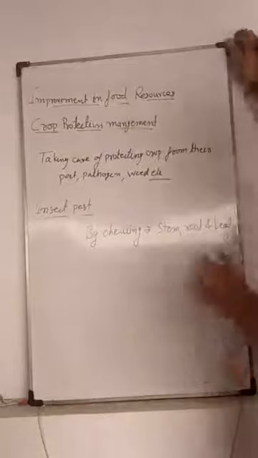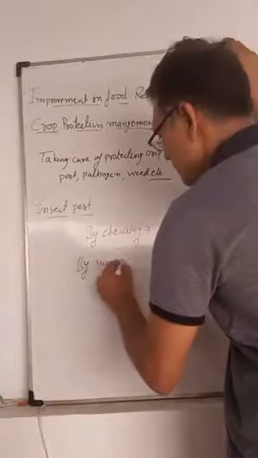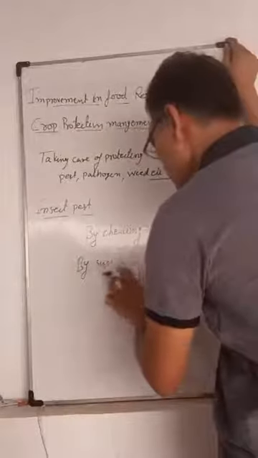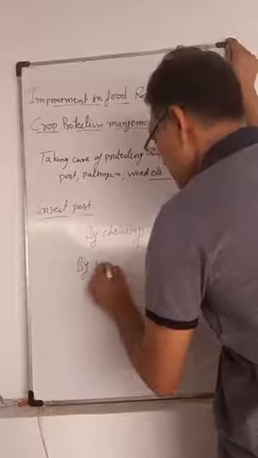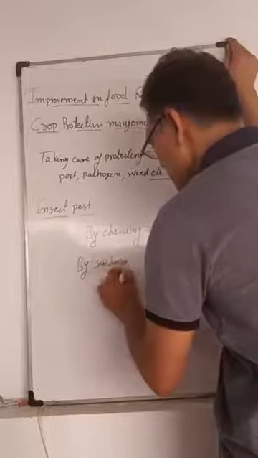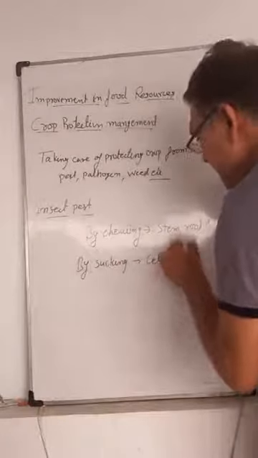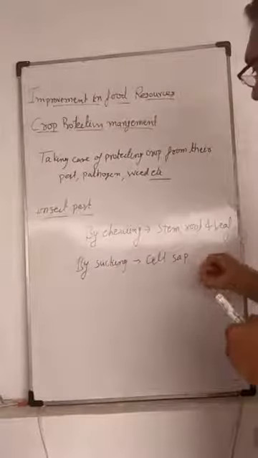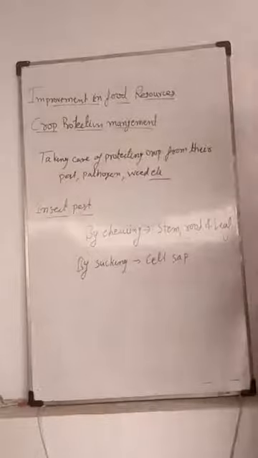By sucking the cell sap. Different insect pests suck the cytoplasm or cell sap and destroy the particular plants.